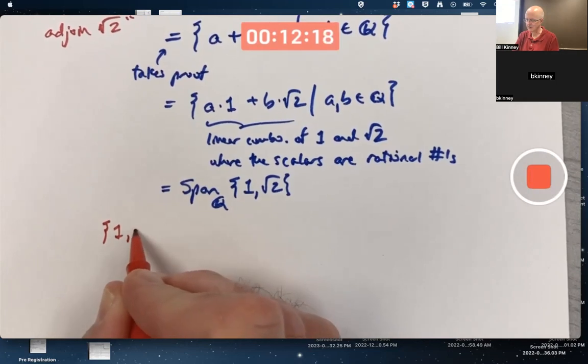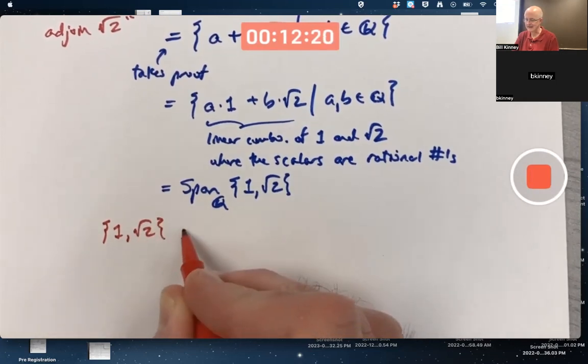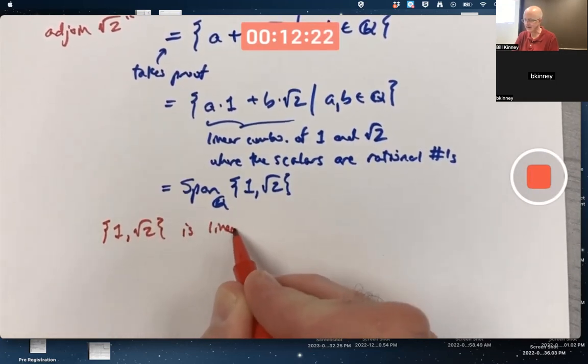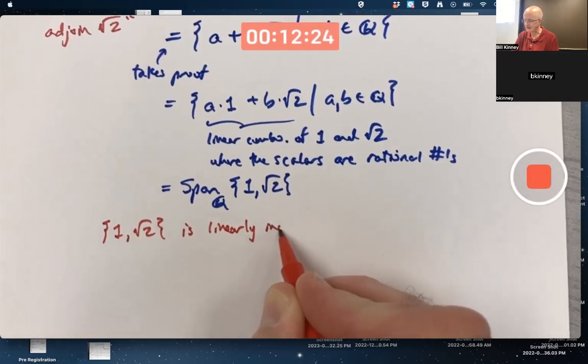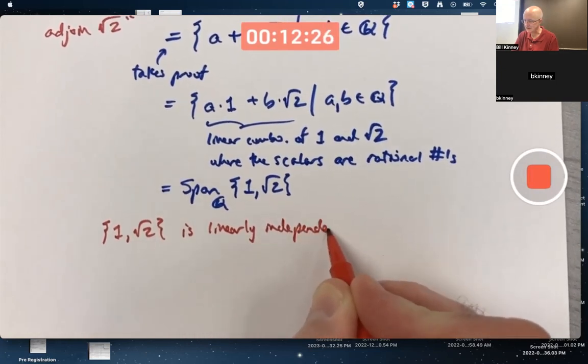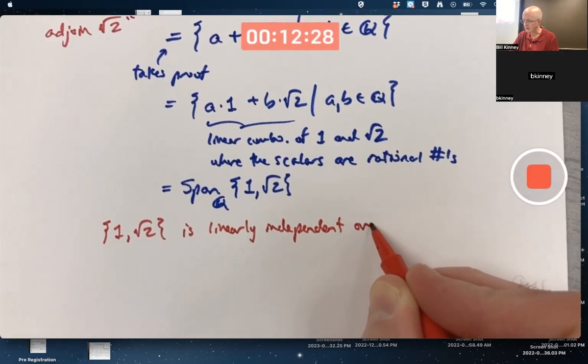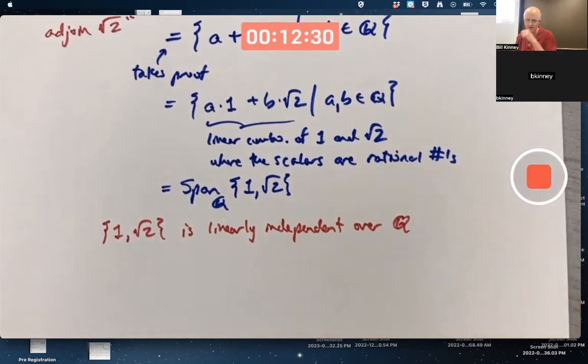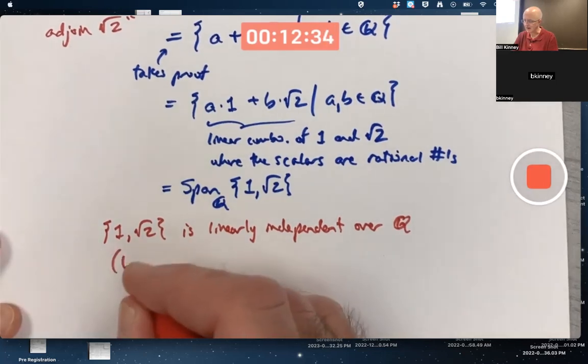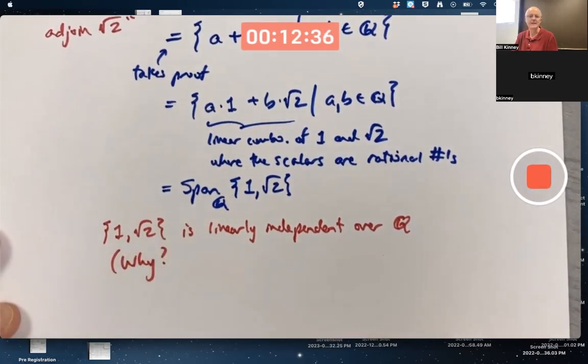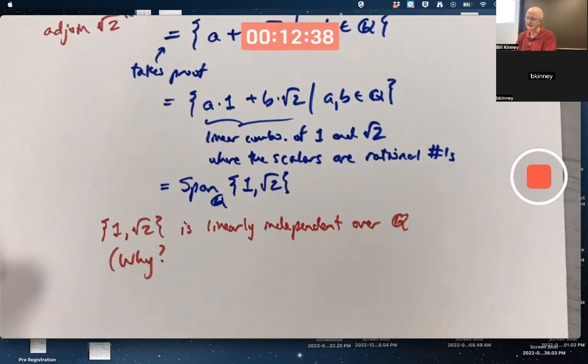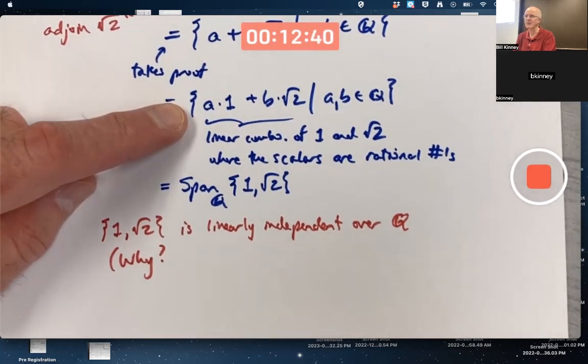This set 1, square root of 2 is linearly independent over the rationals. How would you prove that? Why? If you have this linear combination equaling 0, the only way that's going to happen where a and b are rational numbers is if they're both 0.